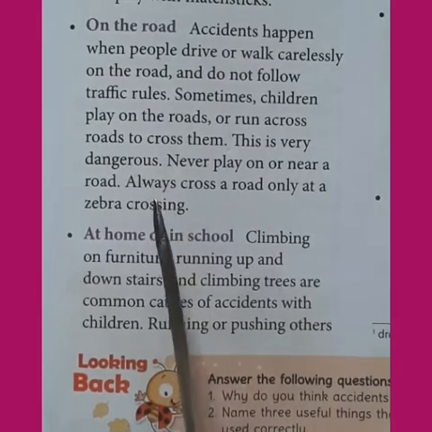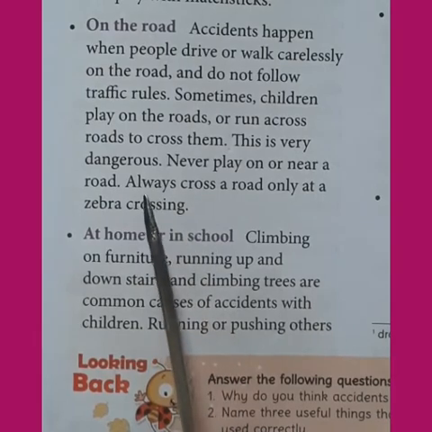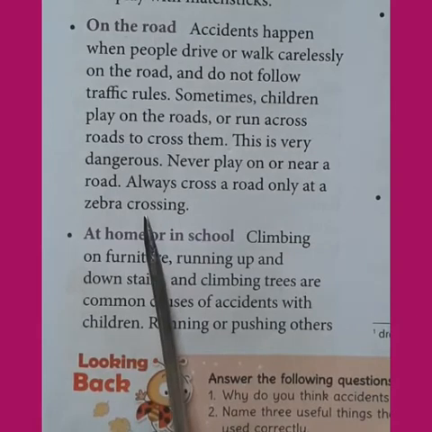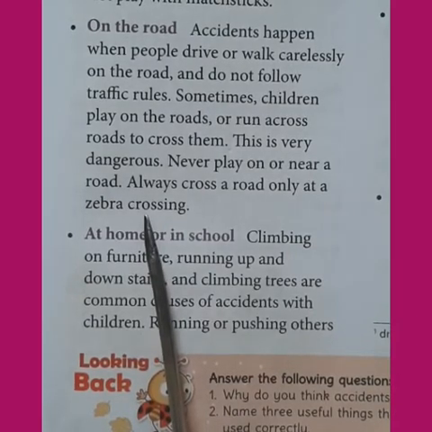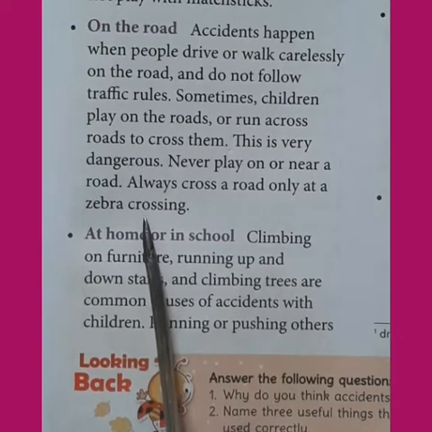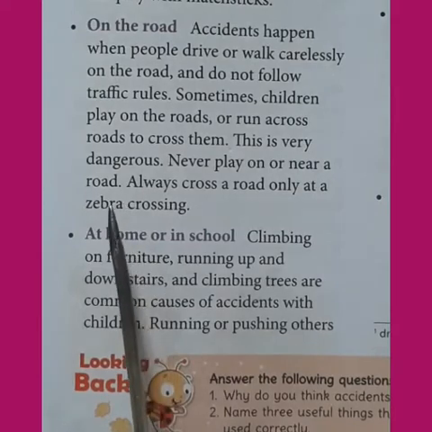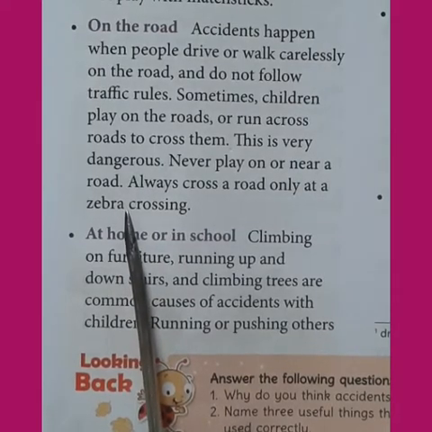It would be best if you cross a road only at a zebra crossing. Have you all seen the zebra crossing, children? Yes, on the roads it will be marked with white lines. White lines will be drawn on the road indicating that it is a zebra crossing.